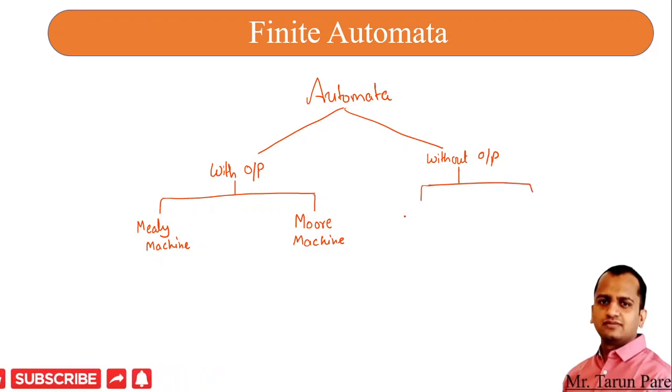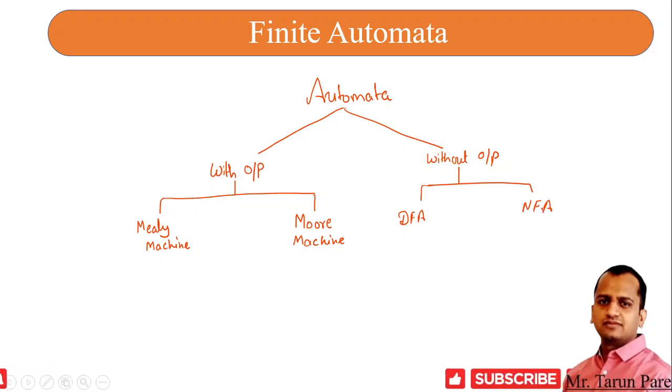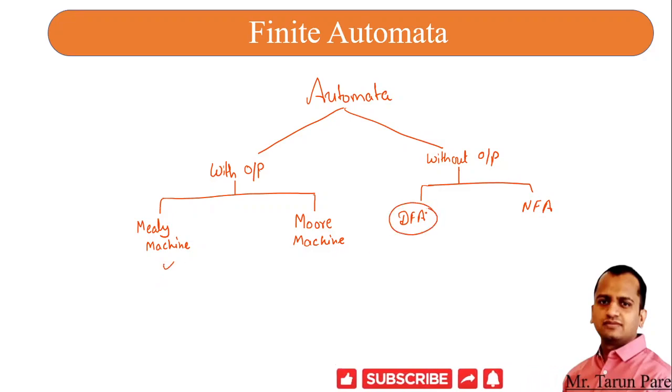They are deterministic finite automata, DFA, and non-deterministic finite automata, NFA. So we will discuss each and everything in detail. First we will start with the DFA, that is, what is deterministic finite automata.